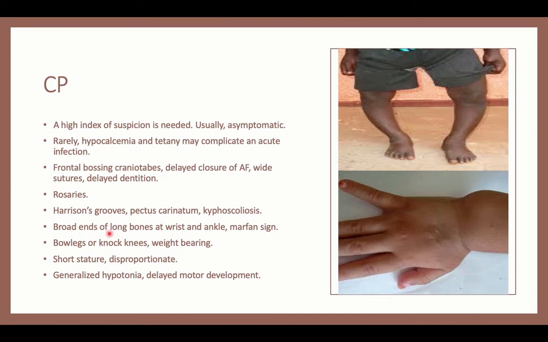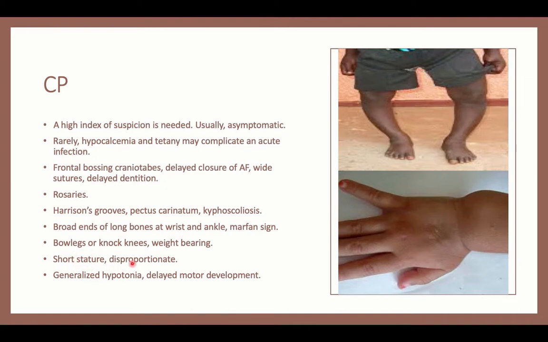So broad ends of long bones at wrist and ankle, Marfan sign, bow legs or knock knees due to weight bearing on weak bones. Also short stature is very characteristic, especially when rickets is not treated, okay, or if it is resistant.